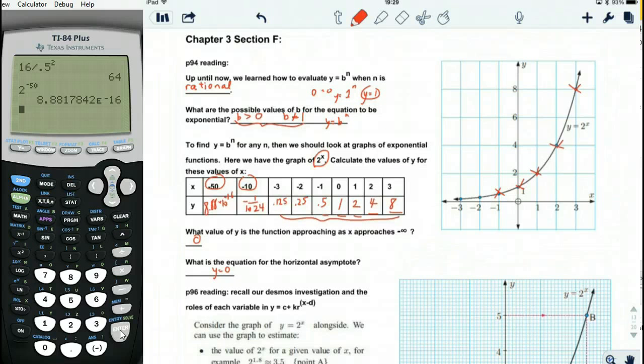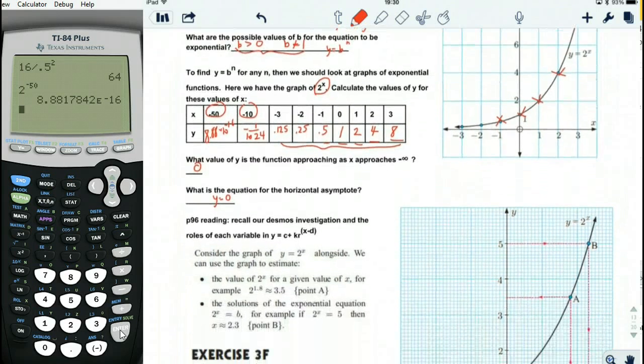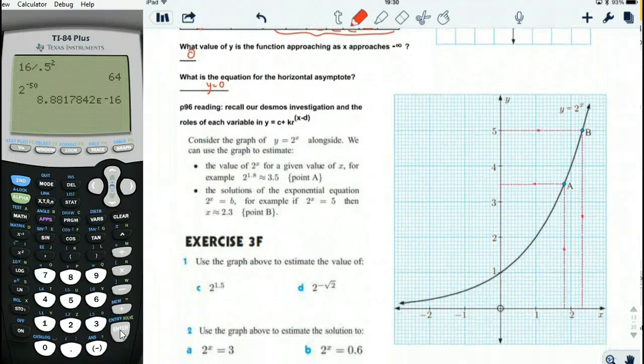So any point in between is also a solution of 2 to the x. It's just not necessarily a whole number, not necessarily a rational number. Just think back to our Desmos investigation about the role of numbers like C, K, and D, and we're going to use that later during our problem solving.